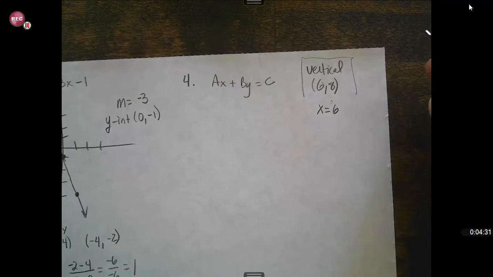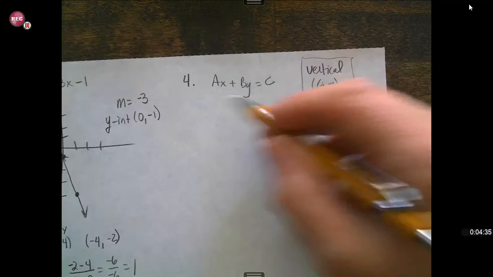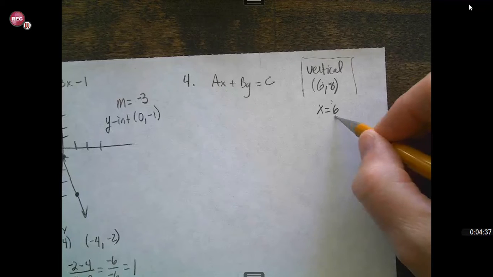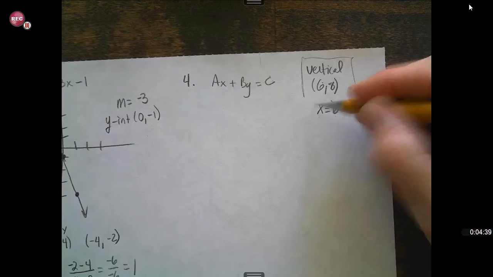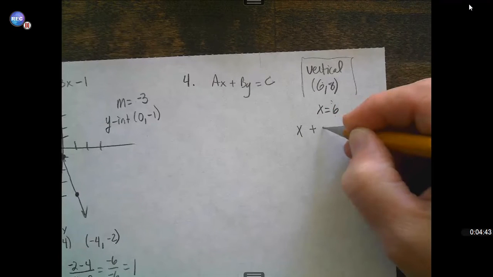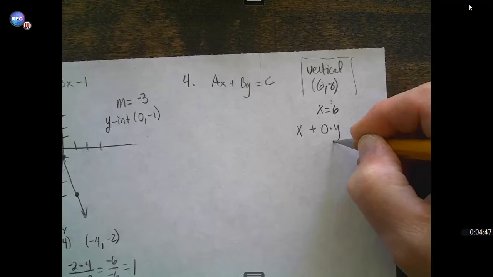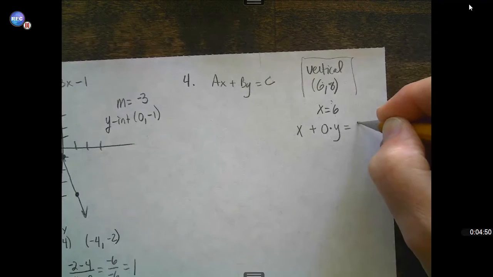So what do the values of a, b, and c have to be so that when I plug them in, I get x equals 6? Well, obviously, that's 1x, all right? There is no y term, and the only way I know to get rid of y is to multiply it by 0. And then it looks like that should equal 6.